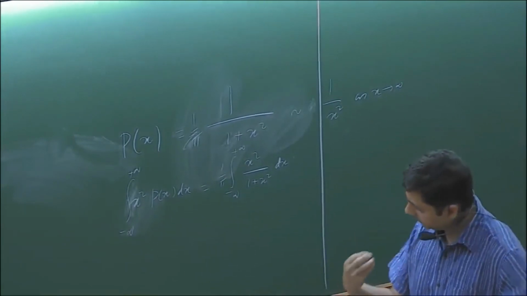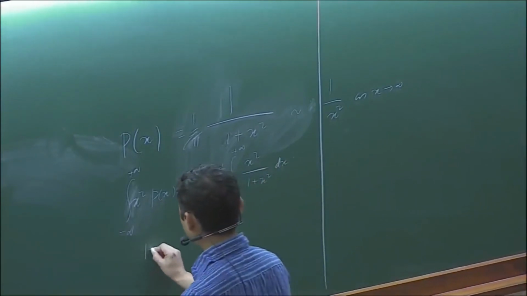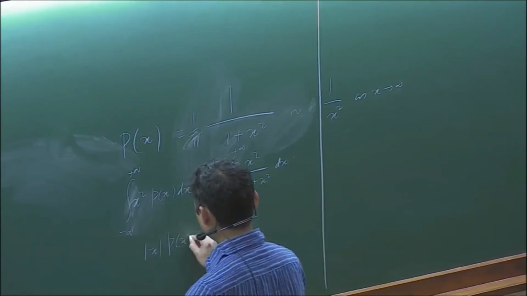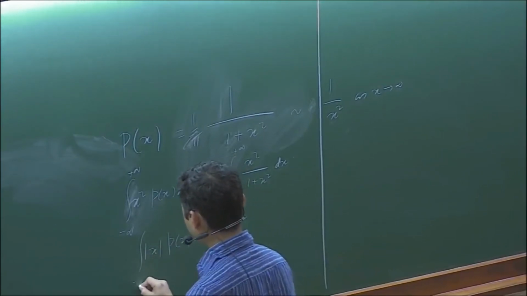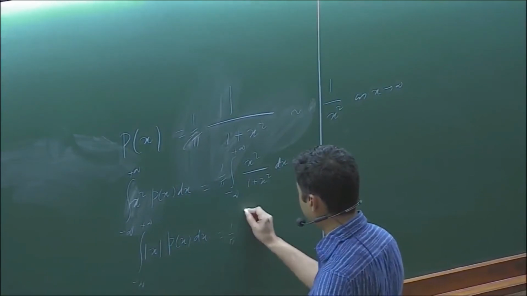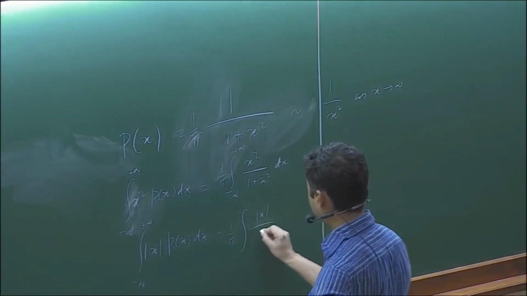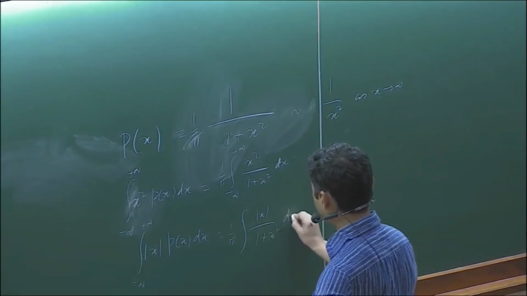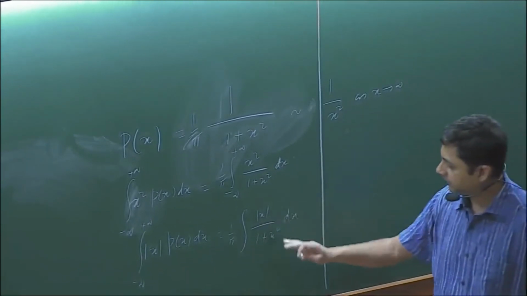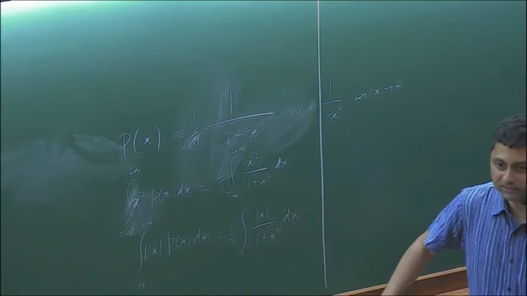Okay. So even if you compute something like, for example, the integral of mod x times the density dx, even if you compute this object. So what is this one? 1 over pi, so roughly like x over 1 plus x square dx. So both when x goes to plus infinity or minus infinity, it will go like 1 over x, right?